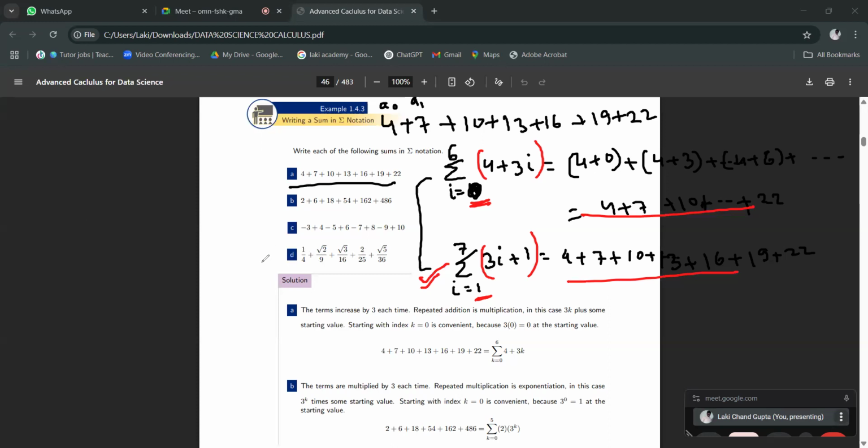Think once. I think you can get one other thing. Let's suppose 3 is added on each term.